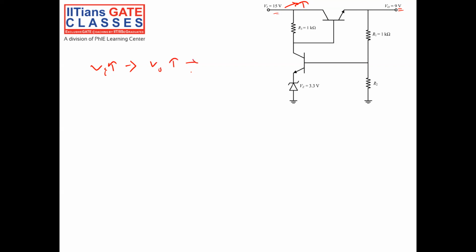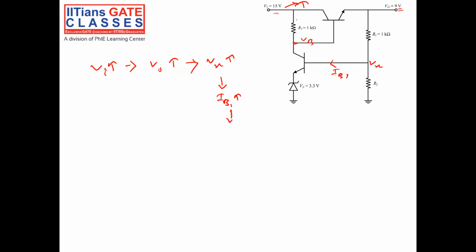Then when V0 increases, Vx will increase. When Vx increases, it will increase the base current IB1. If my IB1 increases, what will happen to the voltage VB?